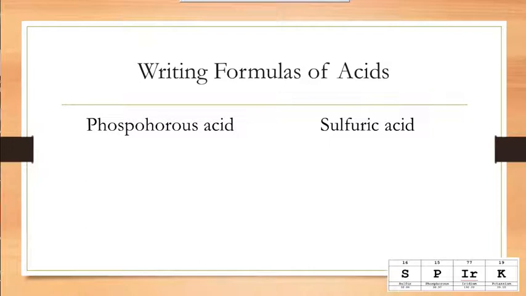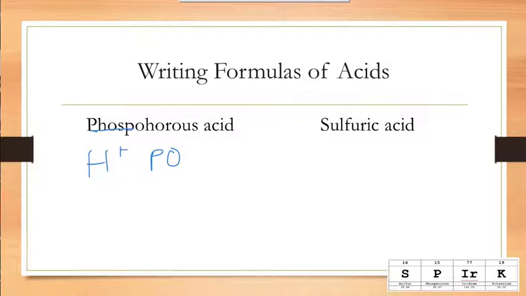So phosphorus acid. You might notice that we have PHOS, which might remind you of phosphate or the phosphite ions, that family. And it's an acid, so we know for sure that we're going to have an H plus, and we're going to have PO. And now here's where you need to know your ions.